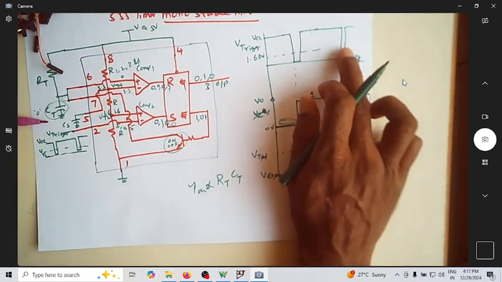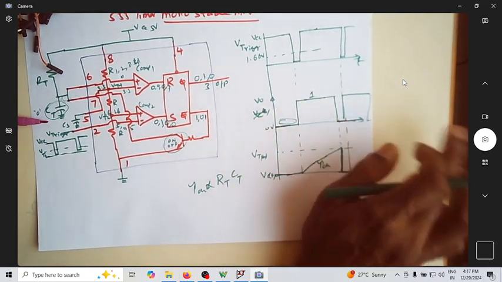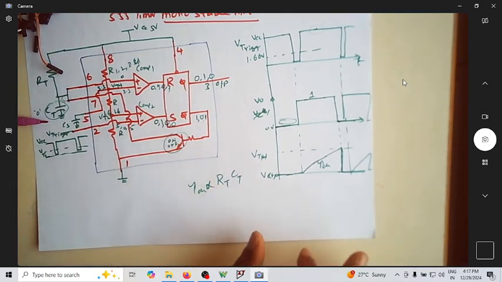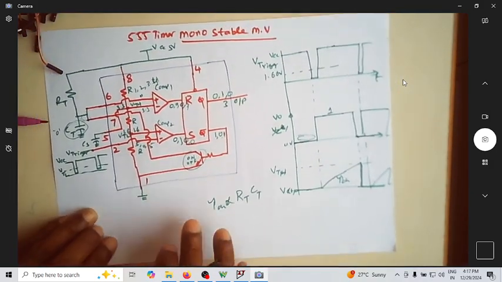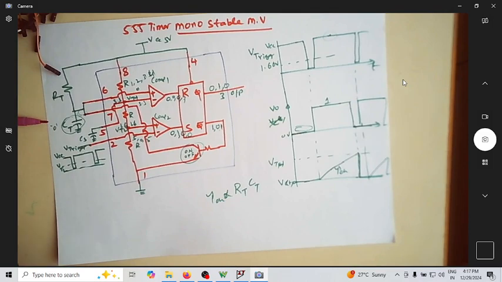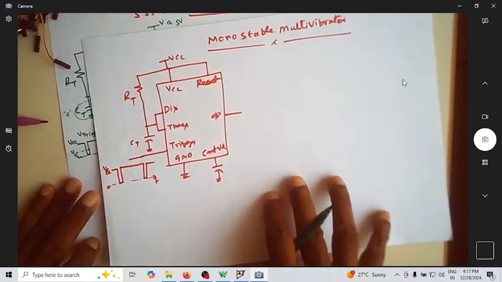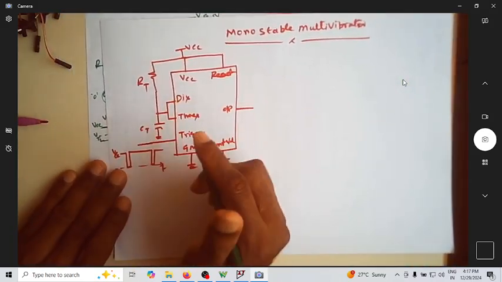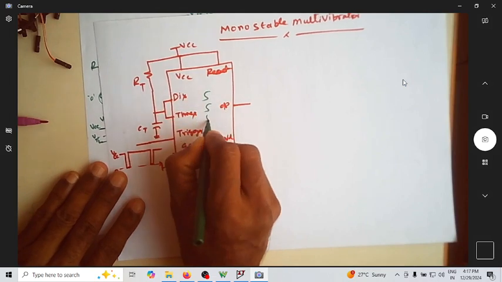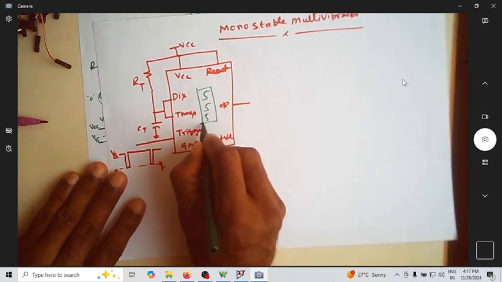If you don't give any trigger signal after this, the output is always at 0 voltage. So this is the operation of your monostable multivibrator.